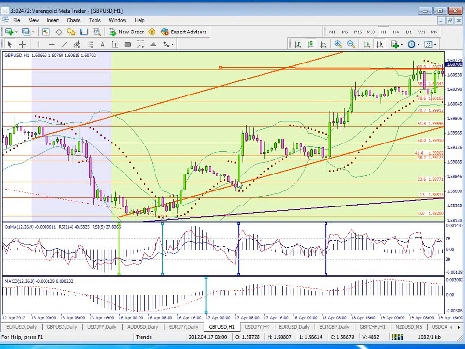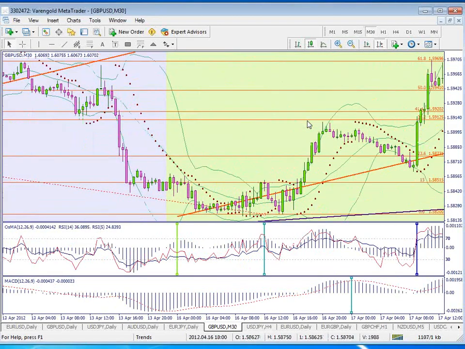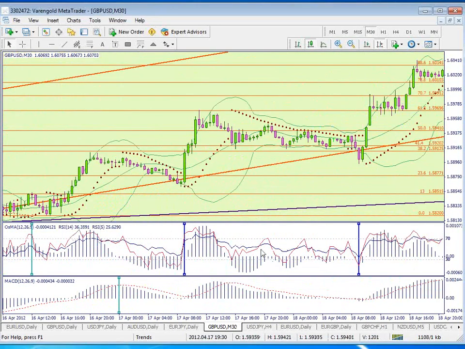So I can look for those to go into one trade. If I'm going for 30 minutes, in between those two signals that I have in 1 hour, I have 1, 2, 3 signals for buy.